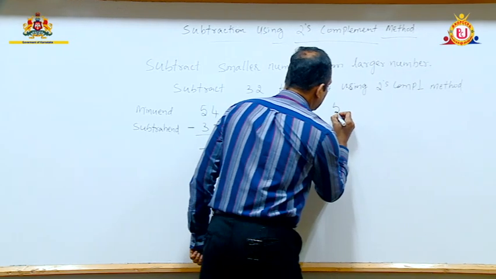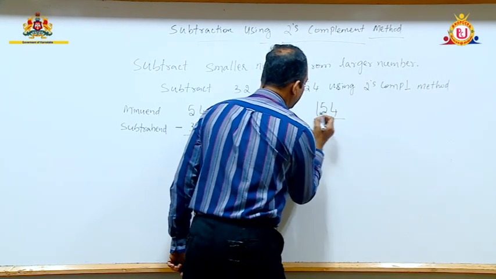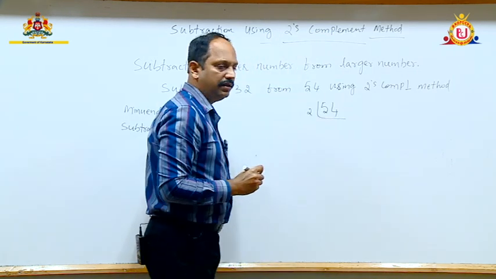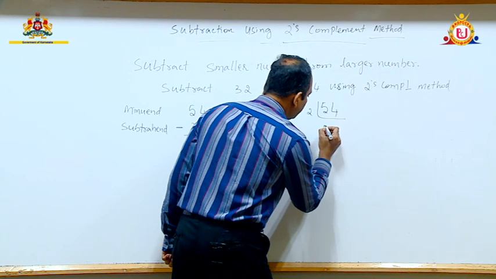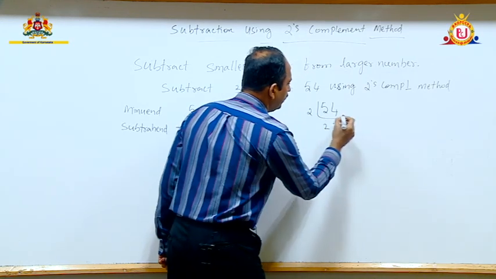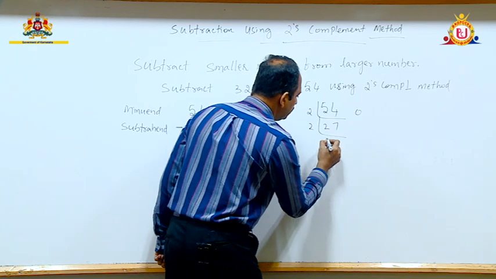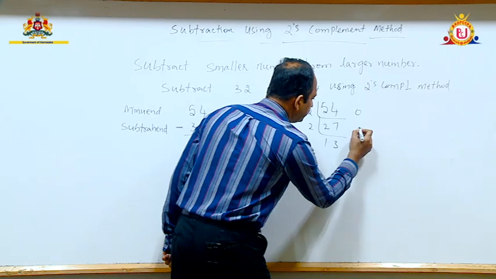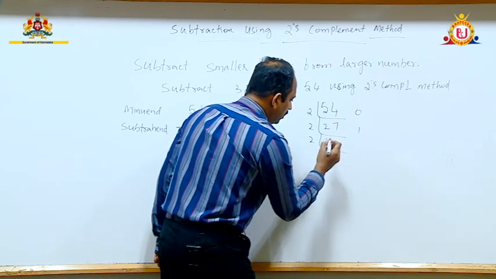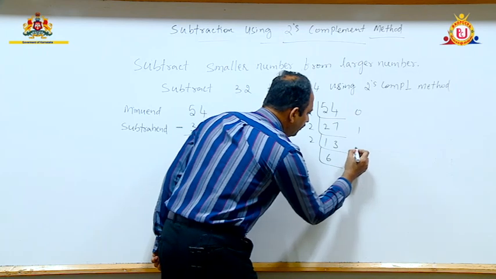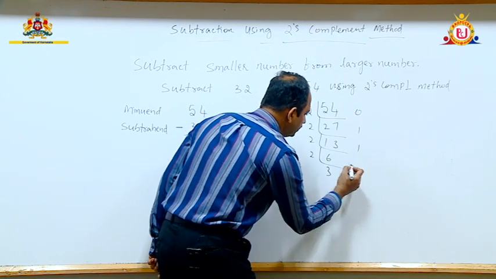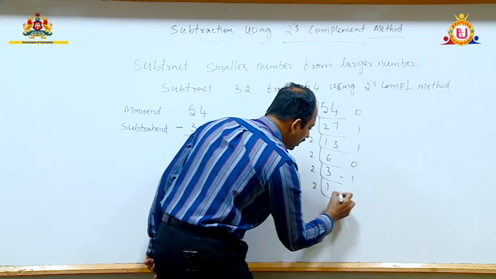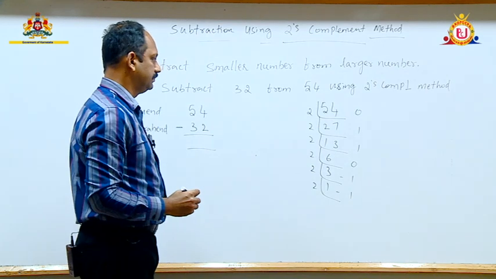So, use the method to convert decimal 54 to binary. 2 27s are 54, difference is 0. 2 13s are 26, difference is 1. 2 6s are 12, difference is 1. 2 3s are 6, difference is 0. 2 1s are 2, difference is 1, and the 1 is the final answer.